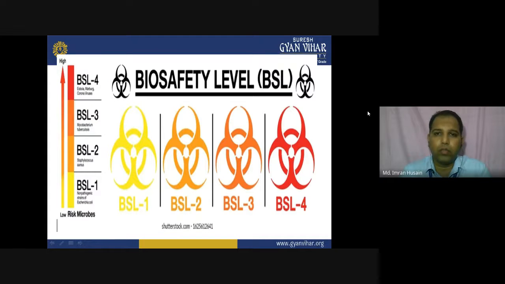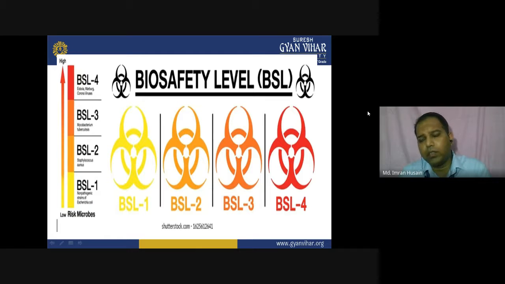So we will be undergoing all these levels. In this lecture, we will be covering all the biosafety levels with regard to all the standards and the different stages. Here you can see that it starts from BSL 1, BSL 2, BSL 3, and BSL 4. BSL 1 is for the most non-pathogenic organisms, where most of the time students are trained, and BSL 2 is where slightly pathogenic microorganisms are taken, which are not that dangerous.